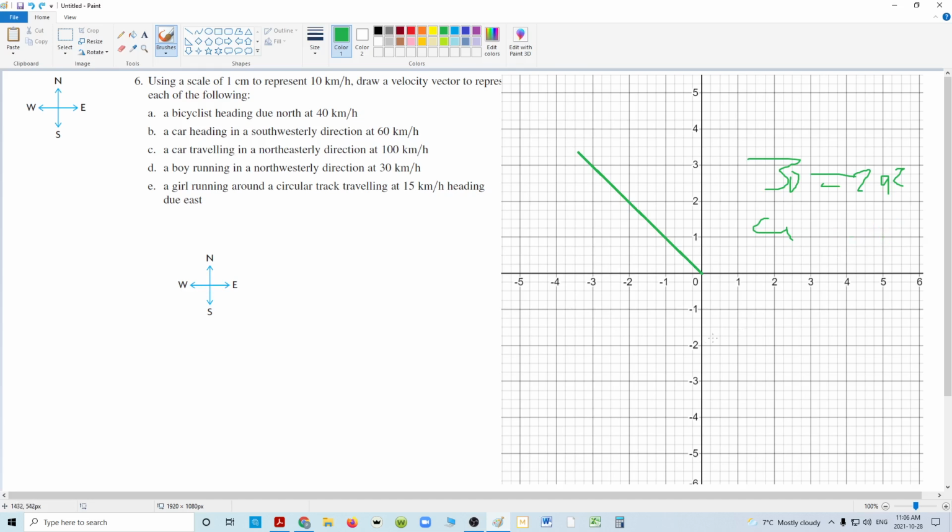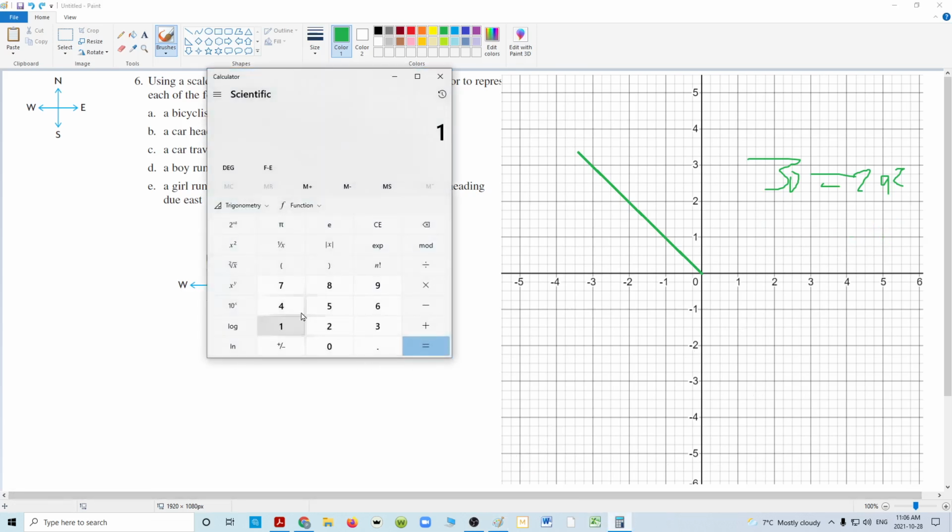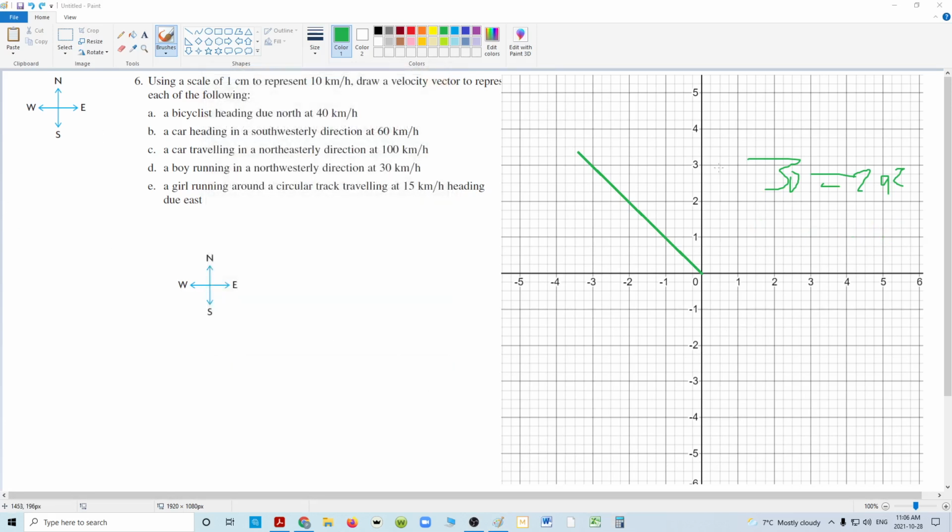So if we look at 15, we know it's going to be close to 4 because the square root of 16 is 4, 3.87. So we know that this point here is 3.87, comma 3.87. It's actually minus 3.87 on this side because we're on the northwest side.